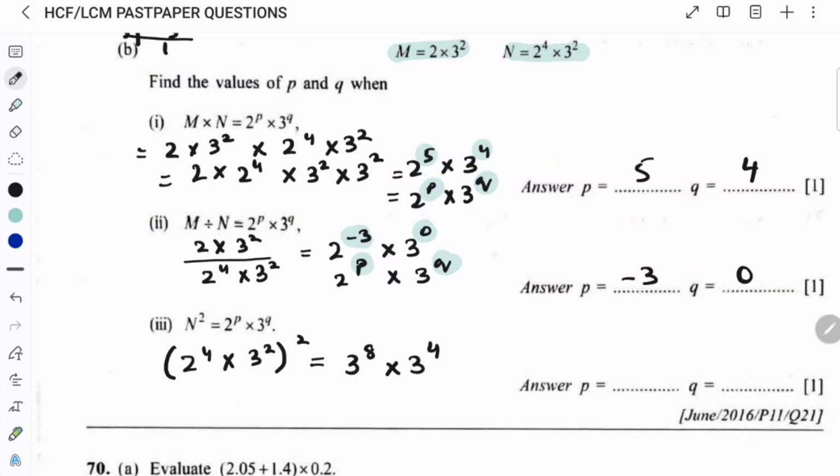Inside and outside of the powers are written, we multiply the powers, and if it's written separately with a multiplication sign in between the same base, then we add the powers. In division we subtract the powers. So that is 2 to the power 8, and p is equal to 8 and q is equal to 4.